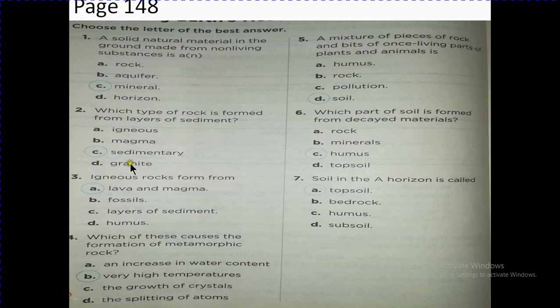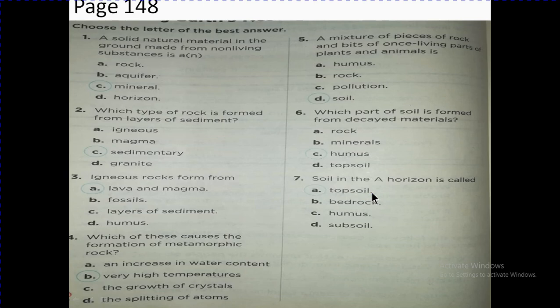After that, number 3 is lava and magma. Number 4 is option B, very high temperature. Number 5, the best option is D, soil. Then number 6 is C, humus. And number 7, A is the best option, the topsoil.